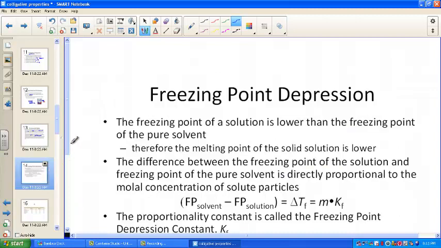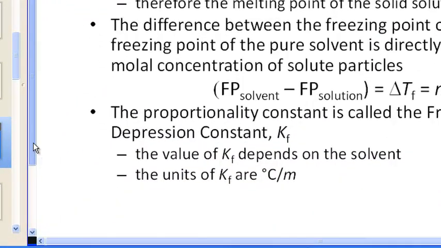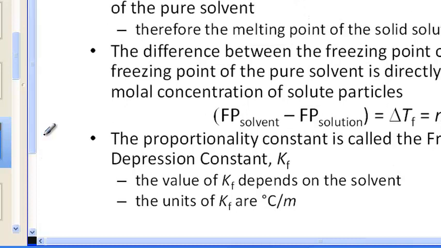We can calculate how much the freezing point changes with a simple formula. The freezing point depression. The freezing point of a solution is lower than that of the pure solvent, and we can calculate that freezing point depression with the following formula.